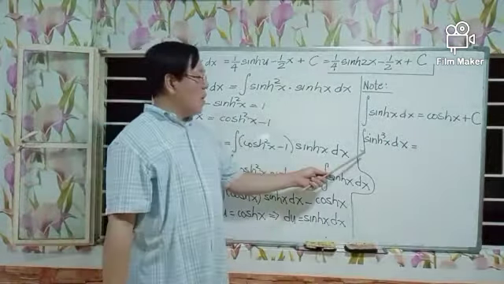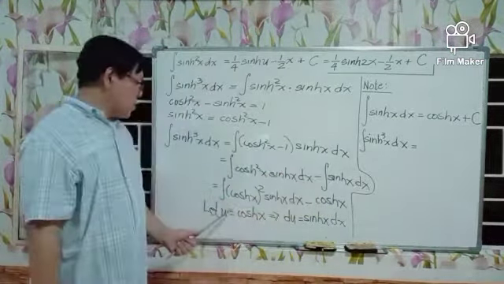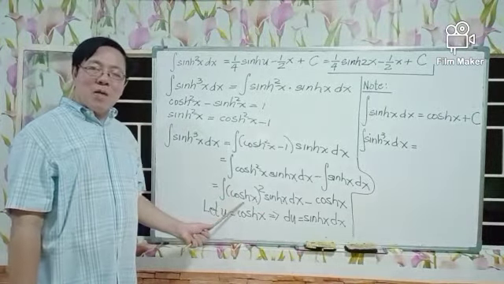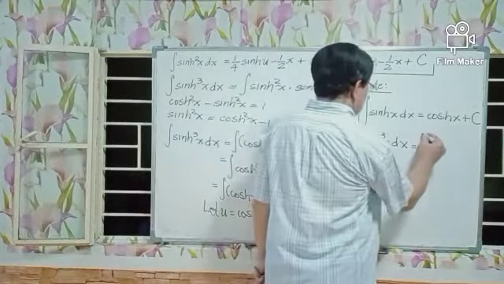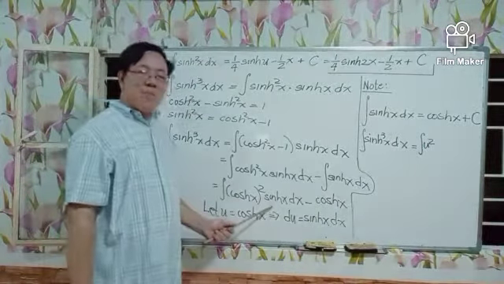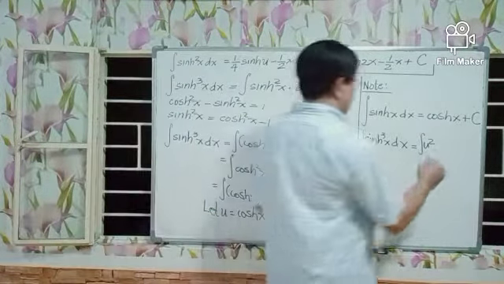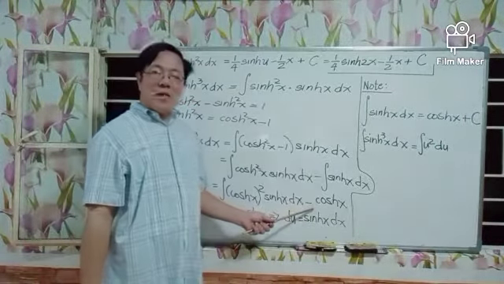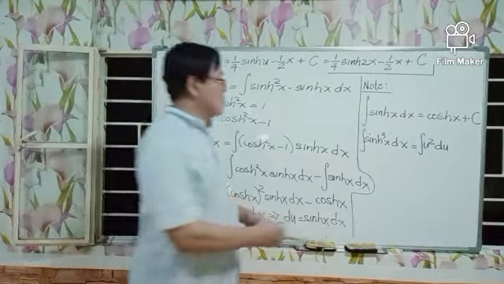The integral now of the cube of hyperbolic sine of x with respect to x is equal to the integral of, replace hyperbolic cosine of x with u, squared. And we replace hyperbolic sine of x dx with du. Minus the integral of the second term, minus hyperbolic cosine of x.